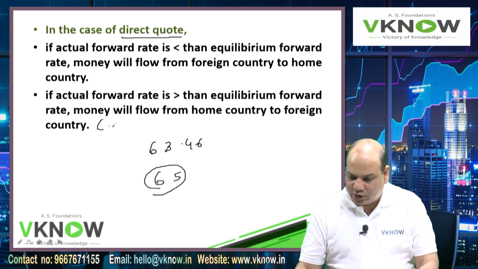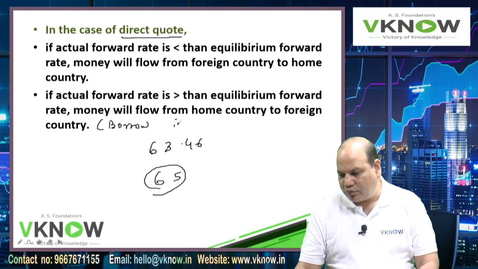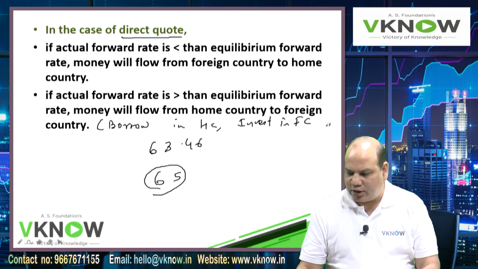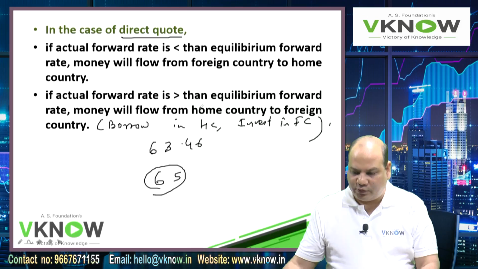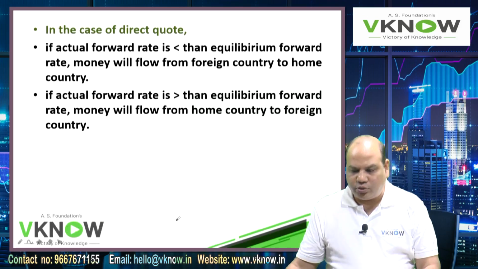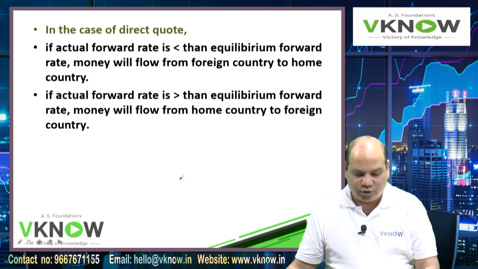So in bracket write down borrow in home currency and invest in foreign currency. That will give you arbitrage profit. If you are given actual forward rate and it is a direct quote. In the case of indirect quote, it will reverse. In the case of indirect quote, the above statements will reverse.